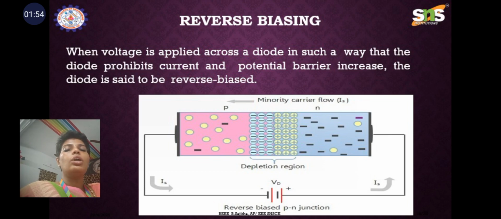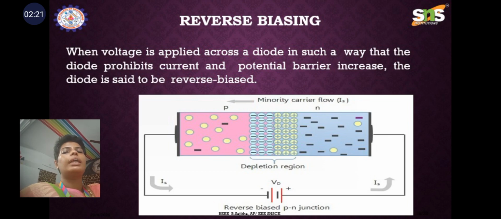But here you can clearly see that the p-type material is connected with the negative terminal, which makes the holes get attracted towards the negative terminal, and the n-type material being connected to the positive terminal of the battery, the electrons get attracted towards the positive terminal of the battery.